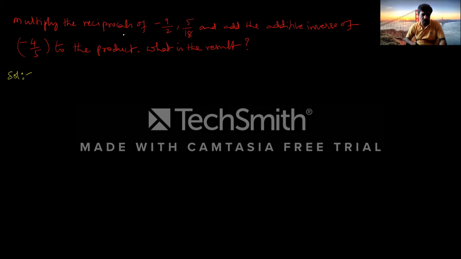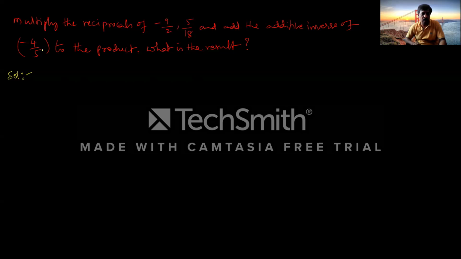What is meant by reciprocal? Reciprocal is nothing but multiplicative inverse. These two multiplicative inverses we should multiply. Multiply the reciprocals of minus 9 by 2 and 5 by 18. So if you do the product of reciprocals of these two, then add the additive inverse of minus 4 by 5 to the product.